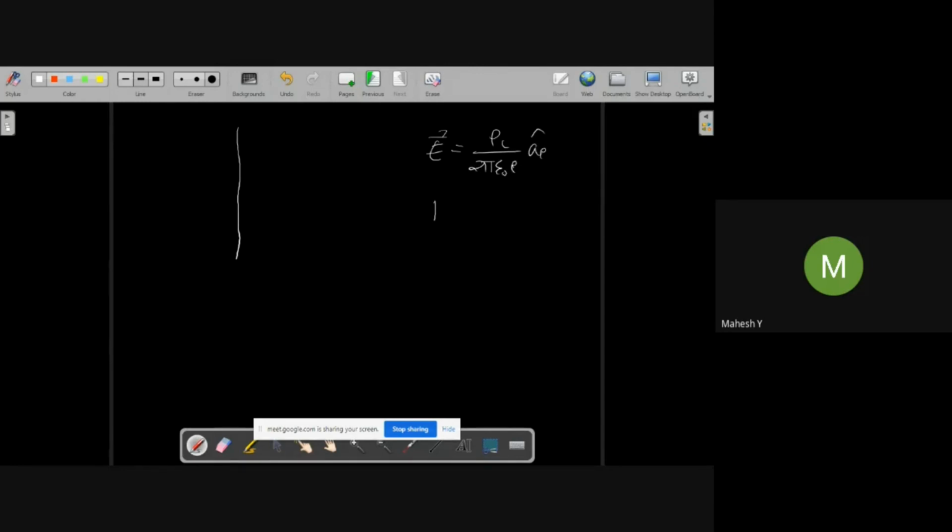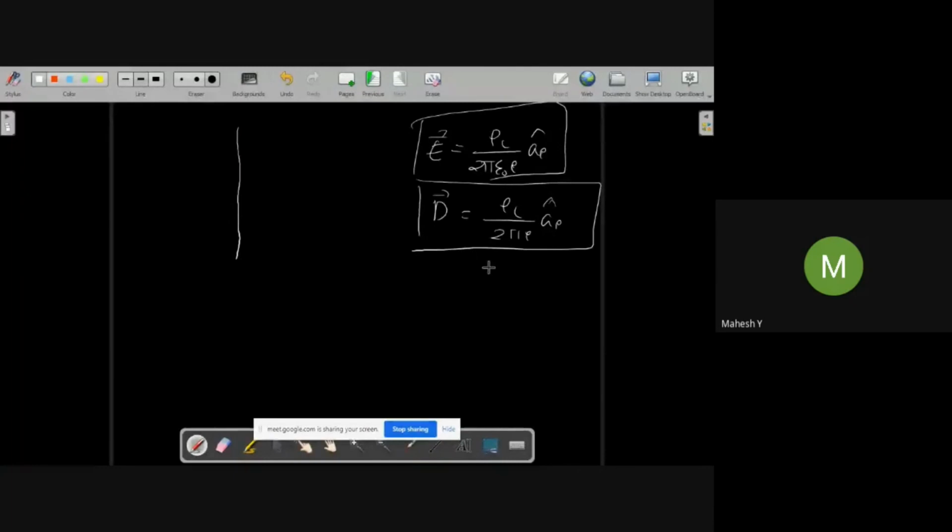From this one we can get D equal to rho L by 2 pi rho aro cap. But deriving this is the longest procedure. We have to take a dz element, calculate the theta component and all. But using Gauss's law, we will derive the same. We will derive D, then from D we can derive E.